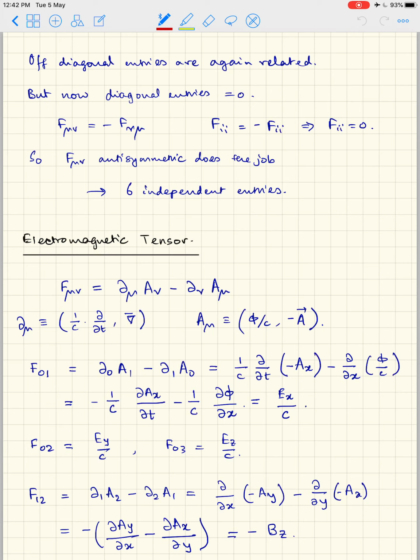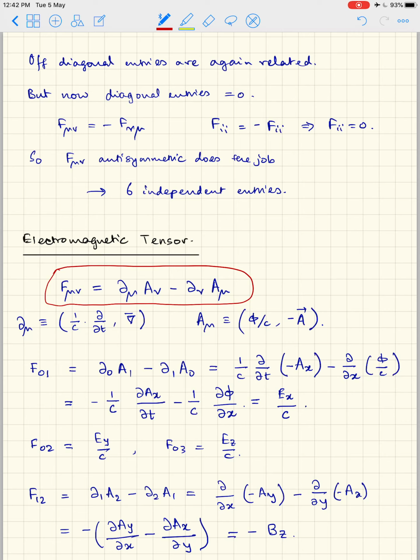So the natural choice would be to act del mu on some A nu to get F mu nu. We also have to make it antisymmetric, and hence this form of F mu nu is going to be our guess.